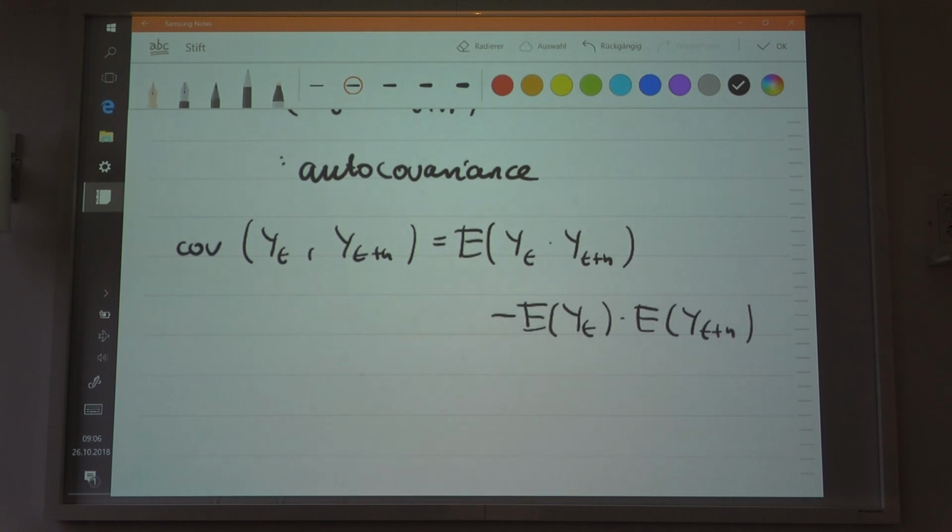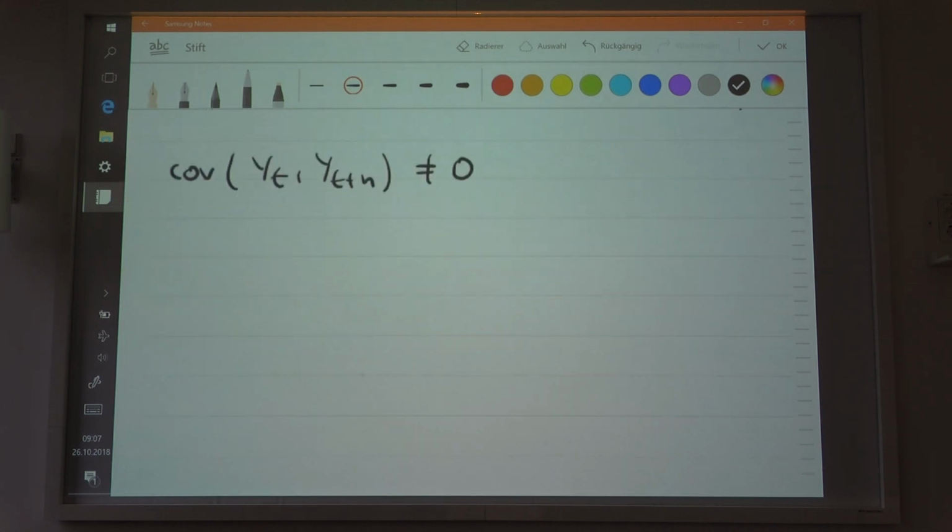Now, if the autocovariance is not equal to 0, then the process is called autocorrelated or serially correlated. So if the autocovariance is not 0, then Y is called autocorrelated.